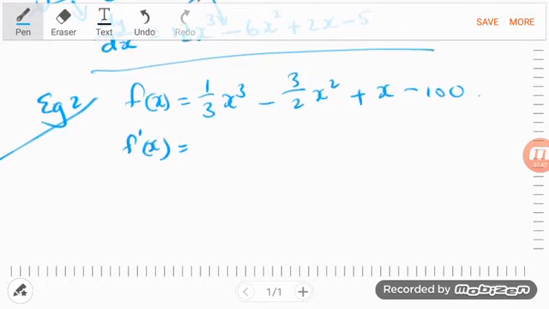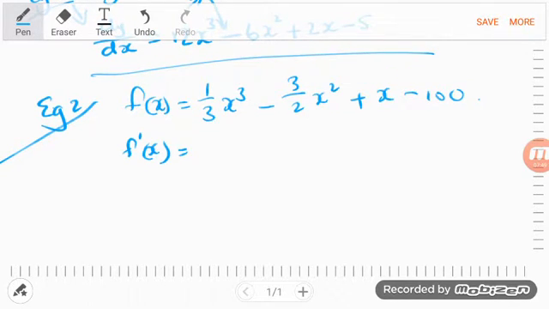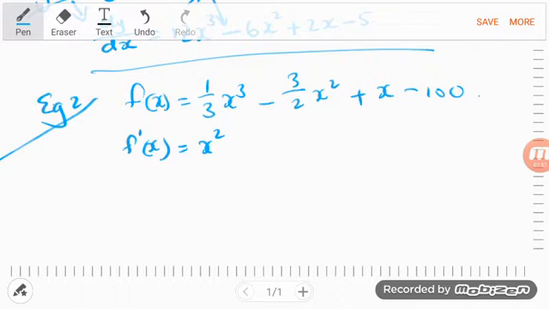3 times 1/3 or 3/3 is going to be just 1, so that becomes x to the power of 2. Don't forget we're reducing our powers. Again, first thing we do is pull our power down and multiply everything by it.